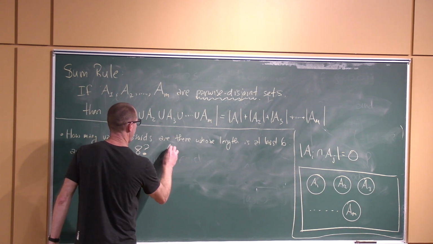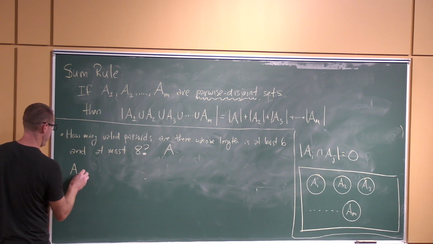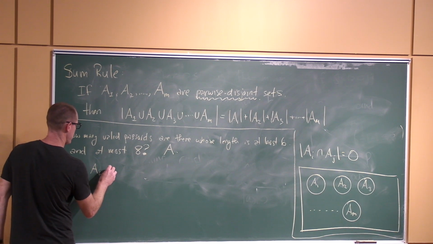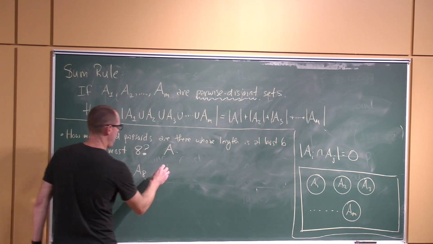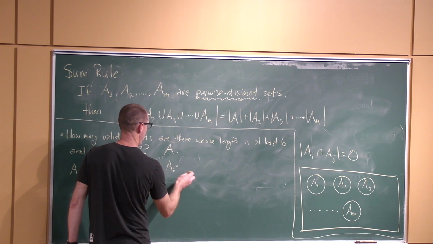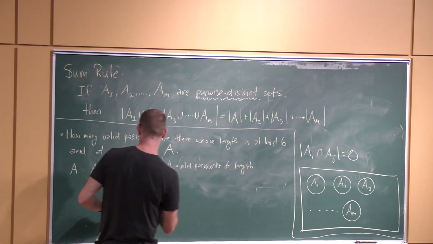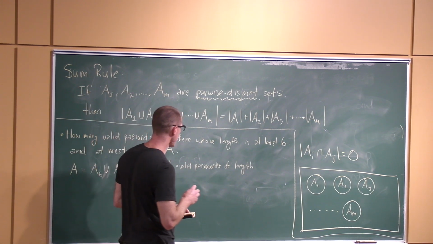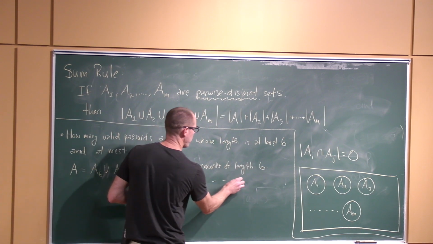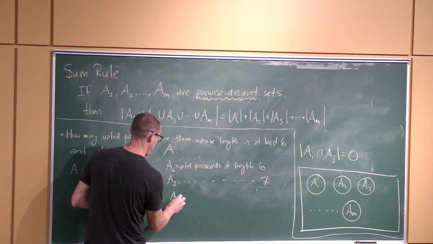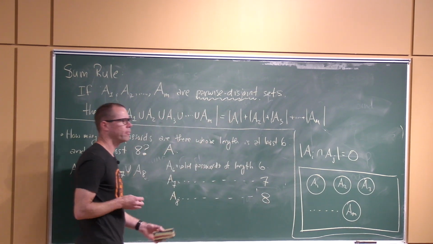We'll call that thing A. And we can write A is equal to A6 union A7 union A8, where A6 is the set of valid passwords of length 6, and A7 is the set of valid passwords of length 7, and A8 is the set of valid passwords of length 8.